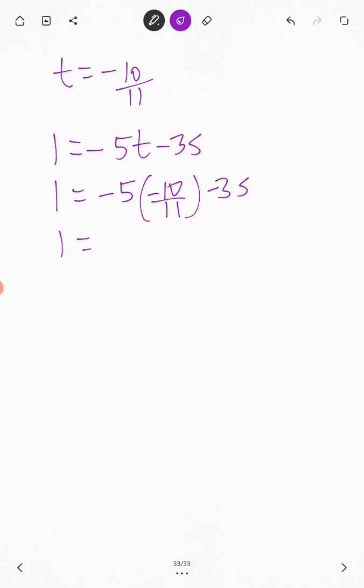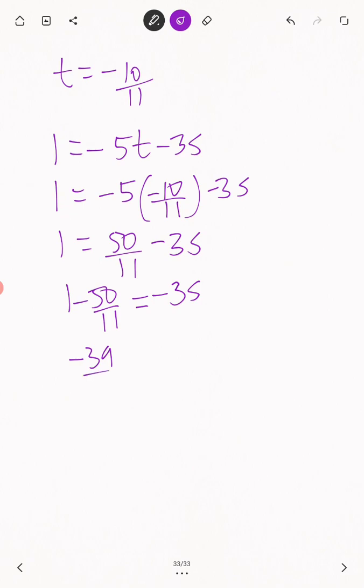So we have 1 equals 50 over 11 minus 3s. 1 minus 50 over 11 equals negative 3s. That's going to be, let me grab my calculator here, 11 over 11 minus 50 over 11, so it's 11 minus 50. Negative 39 over 11 equals negative 3s, which would be negative 39 over negative 33.